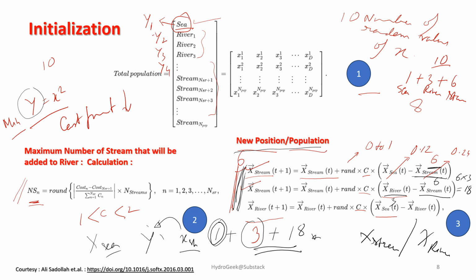And here exchanges can occur. If we find that some x's classified as stream give a better result of y, then it can be exchanged with a value of x which was earlier classified as river.